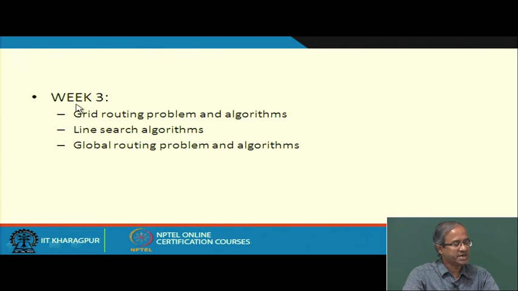During the third week we talked about the routing algorithms, specifically the grid routing problems. We talked about algorithms like Lee's algorithm, Hadlock's algorithm, the various line search algorithms, and we also talked about the global routing problem, how we can represent it, the different kinds of data structures and also some of the algorithms that are used.